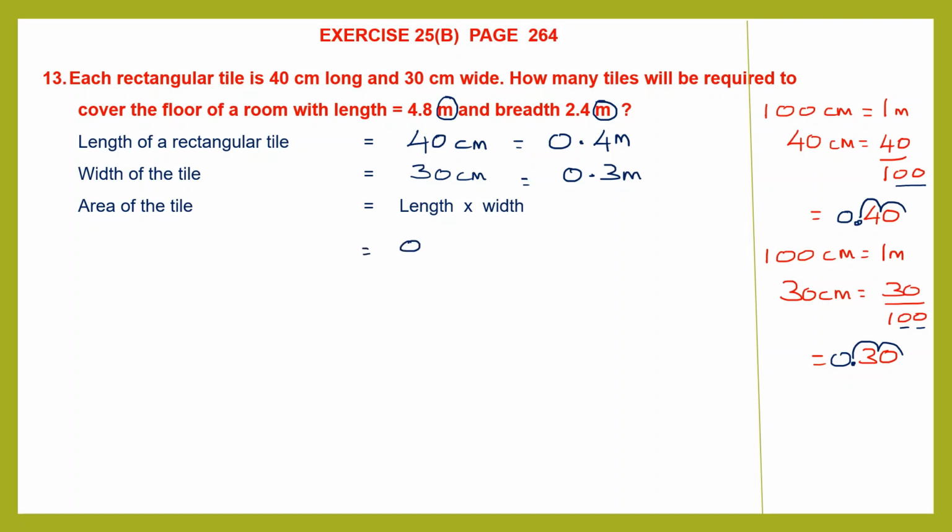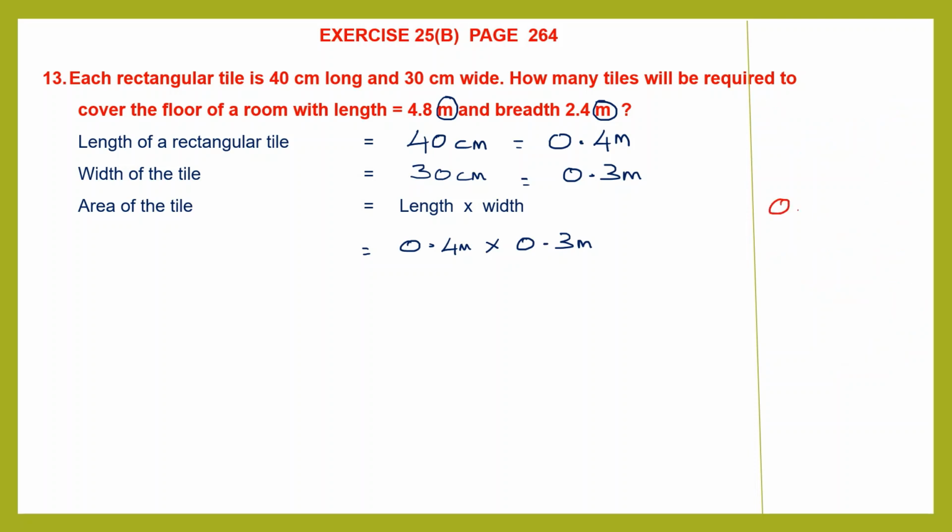So now we can find the area of the tile, length into width. Length is 0.4 meters and width or breadth is 0.3 meters. Let's multiply 0.4 into 0.3. Ignoring the point, it becomes 4 into 3, 4 3s are 12. Now look at the question.